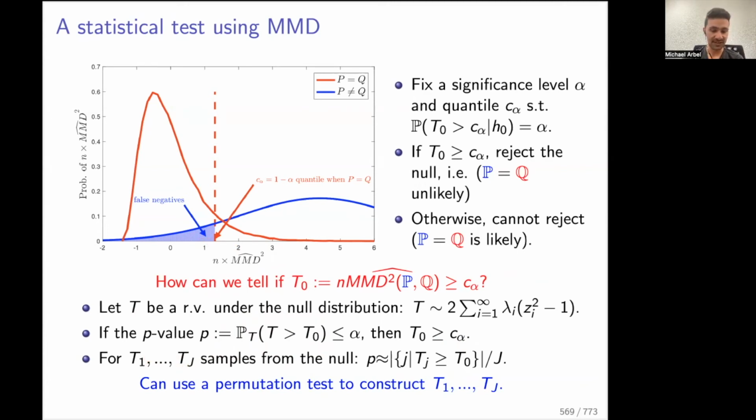Once we sample these random variables, we can estimate the p-value just by counting the number of times each sample is greater than the statistics T0. So whenever it is smaller than alpha, we can reject the null hypothesis. And so now remains the question of how do we construct these random variables? So this will be achieved using a permutation test that we'll see now.